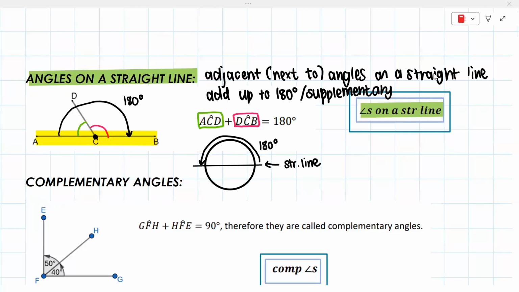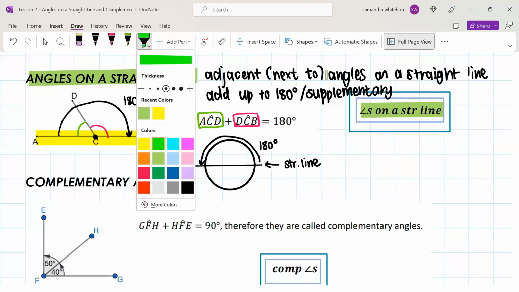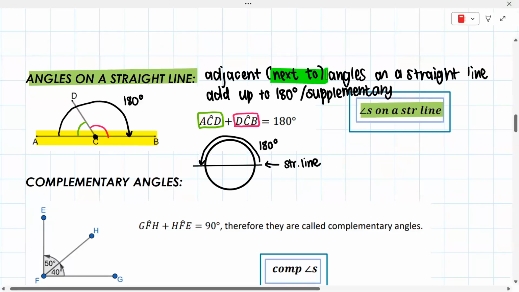But what is your question about what I've gone through? So we learned adjacents last term, and I didn't really understand it because she just gave us words to write. Okay, so remember, all adjacent means is next to. So as long as they sit next to each other, we can say that they are adjacent.